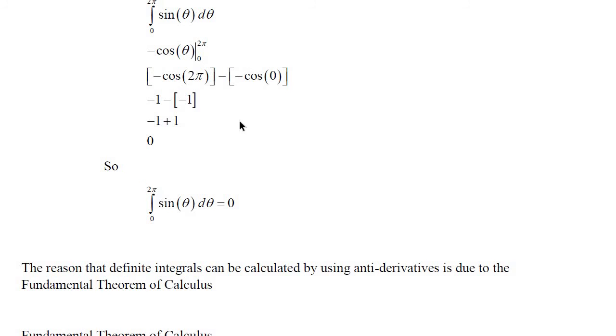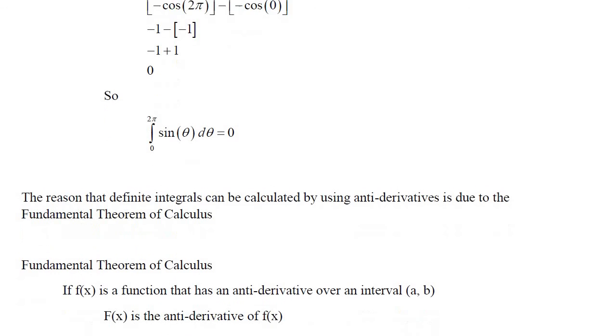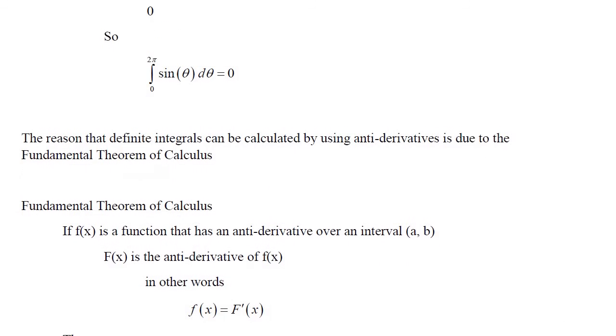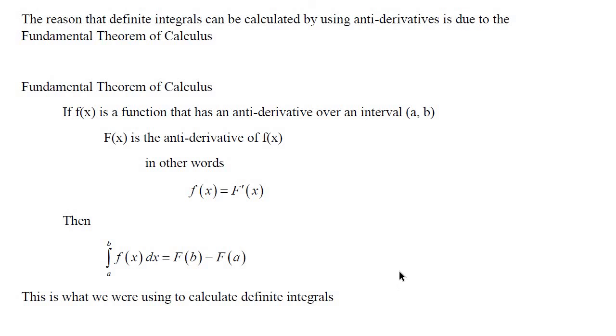Now the reason why we can do definite integrals this way by using the antiderivative is due to the fundamental theorem of calculus. So let's take a look at an explanation of it.